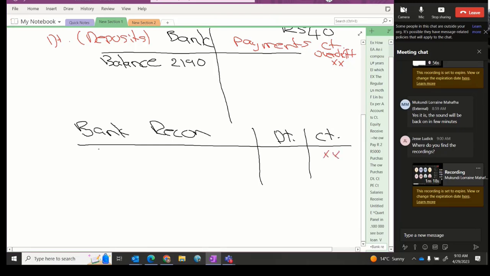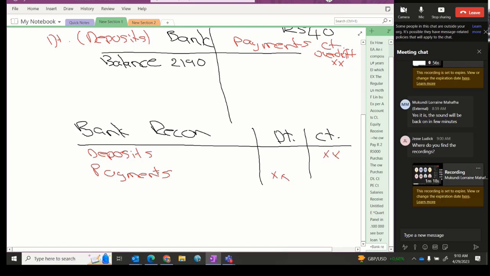Let's just write deposits there. And if you have to make a payment, which is on your credit side in your books, it goes to the debit side of your bank recon.